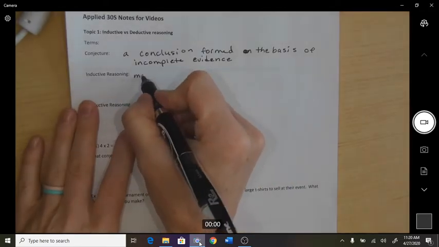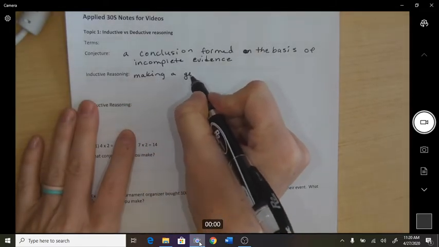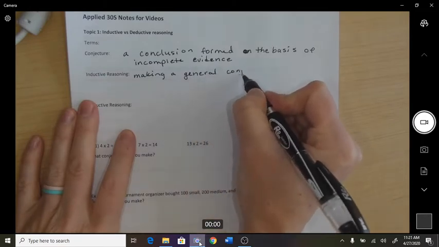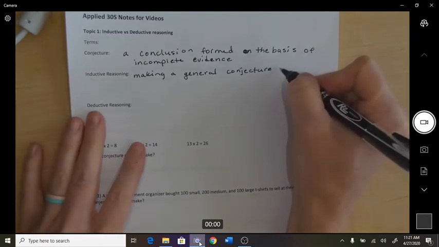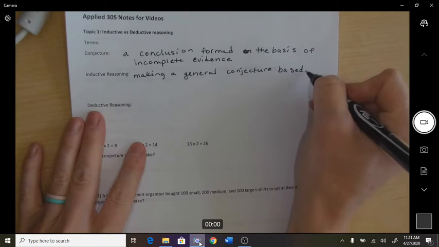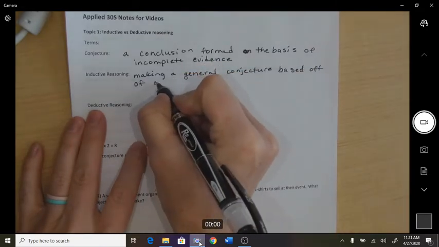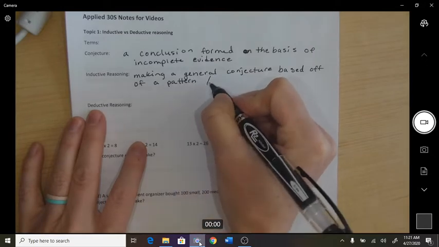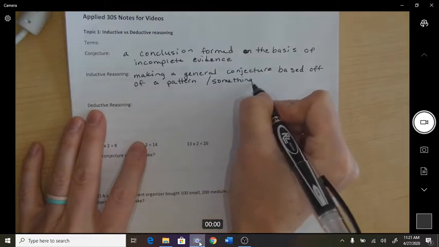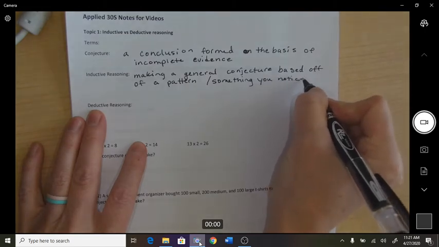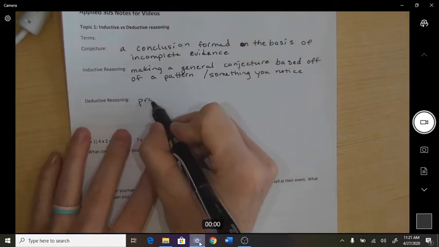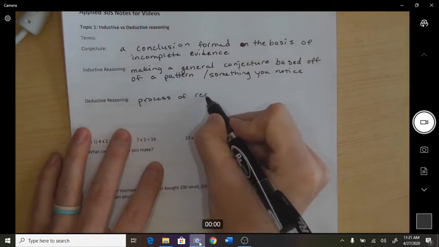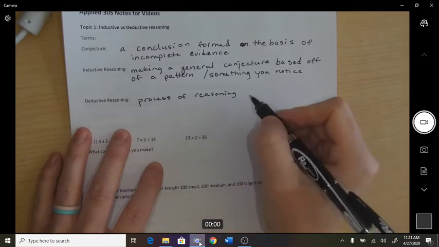Inductive reasoning is making a general conjecture, and you're basing it off of looking at a pattern or noticing something. And then deductive reasoning is a process of reasoning from one or more statements of truth.